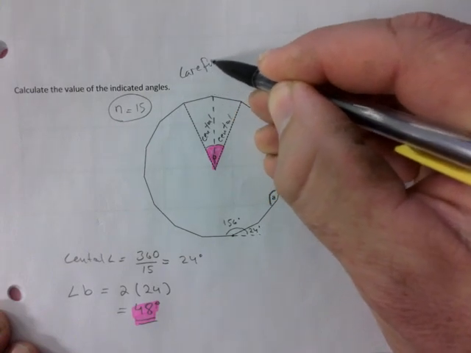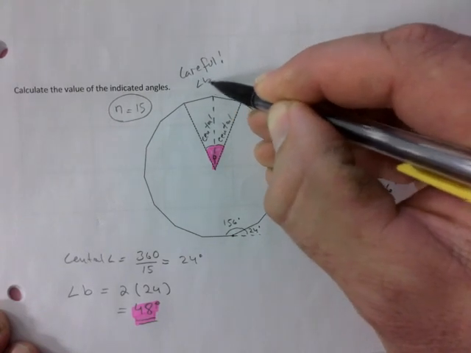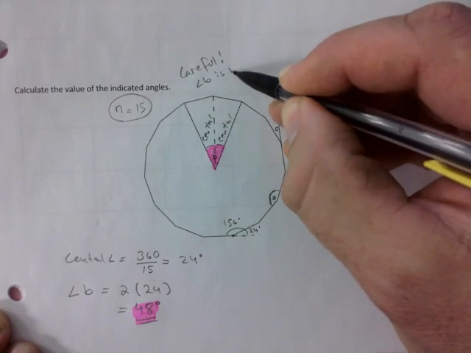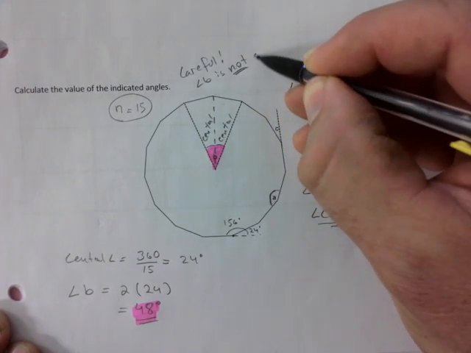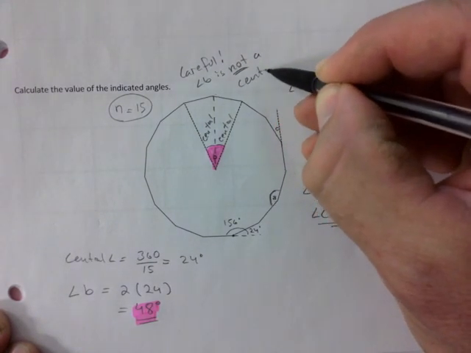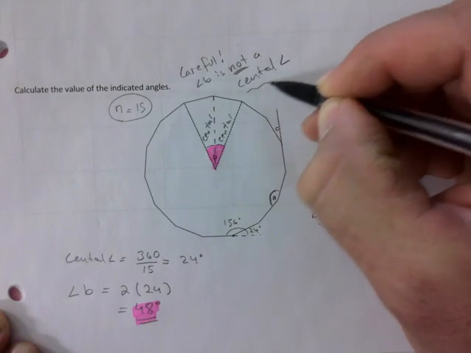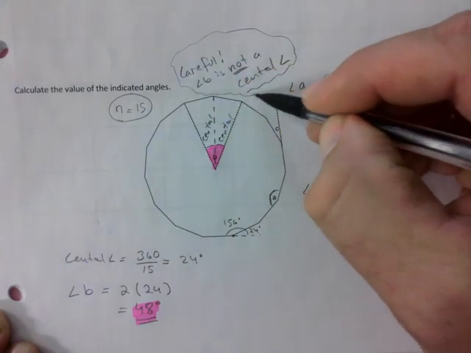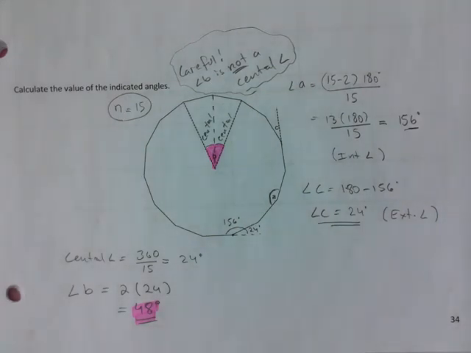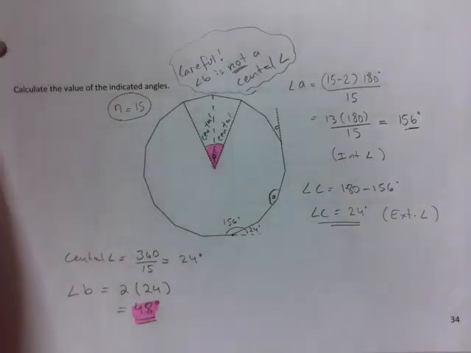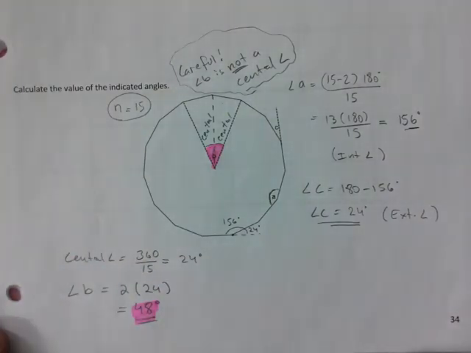Careful. B is not a central angle. So watch out. The homework questions are going to have some of these, so you just got to watch out for that later on.